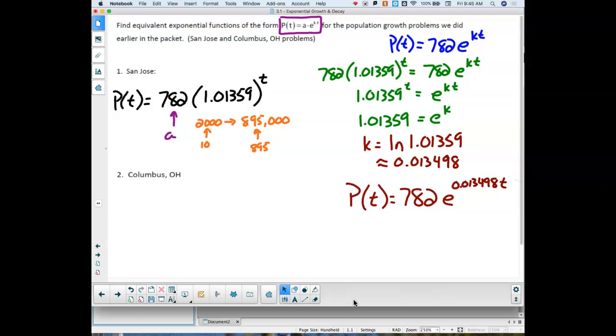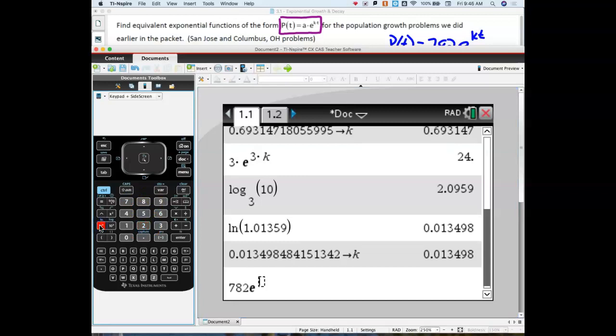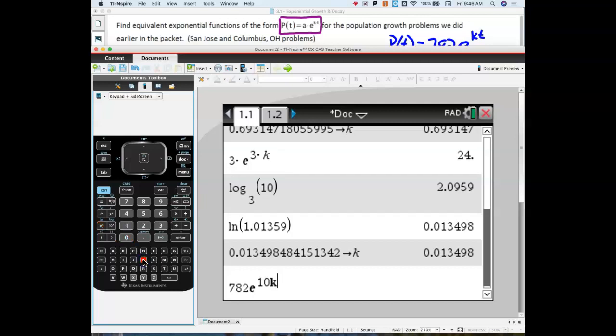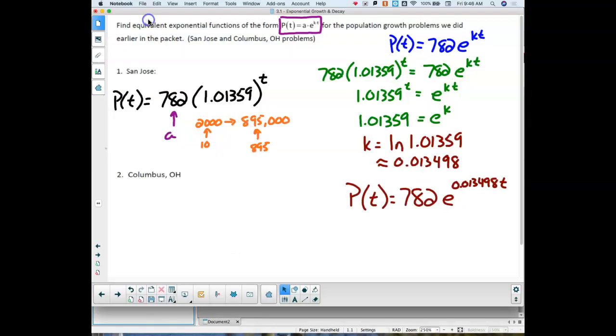Okay, let's do that. If I plug in 10 into 782 e to the, I have it as k, 10k power, I get 895.014. Why is it not exactly 895? Anybody know why it's not exactly 895?